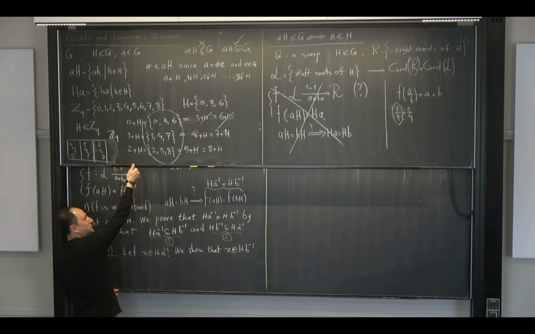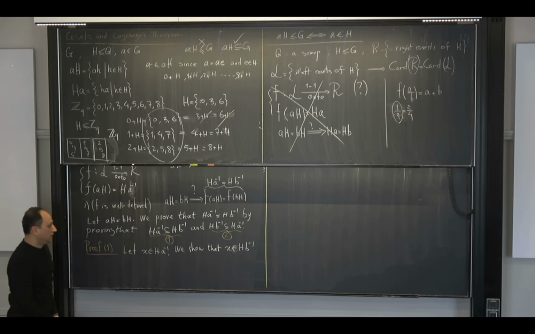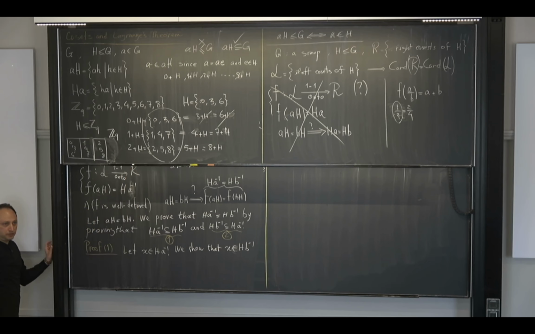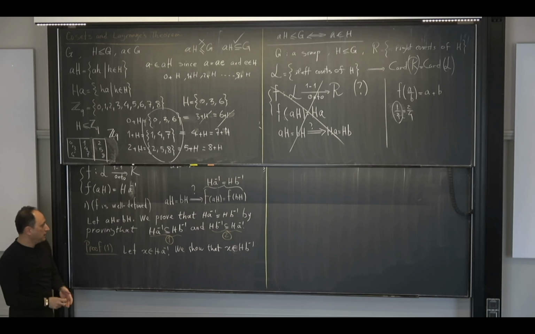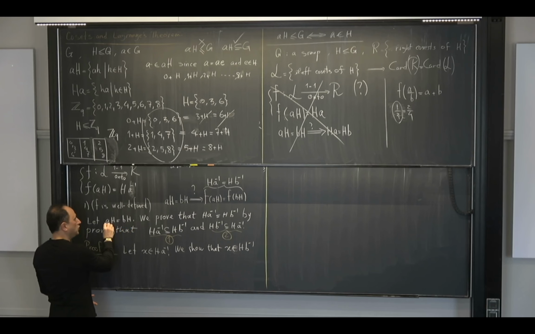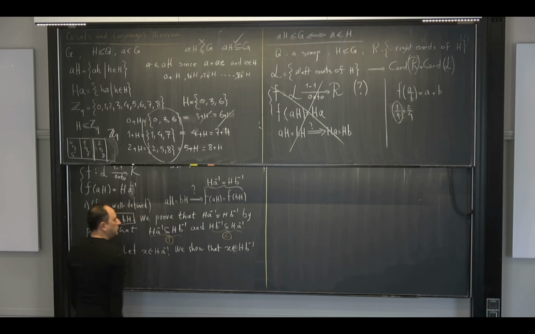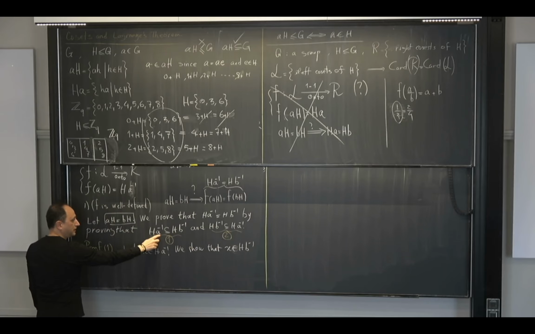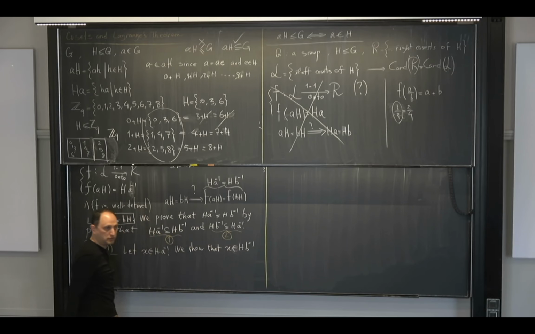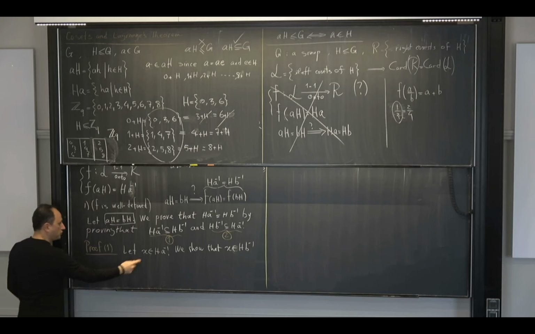Hopefully I can reproduce it again on top of my head. So how should I continue? So you see, I have this assumption. I know this is true. I want to show this one is true. To prove this one is true, I have to show both of them are true. I started from this one, picked one element there. I want to show it is on the right side. This is the strategy.